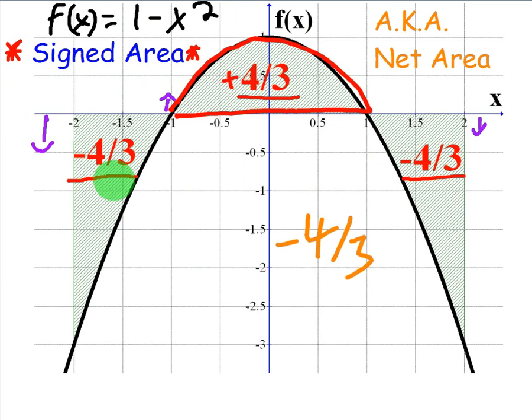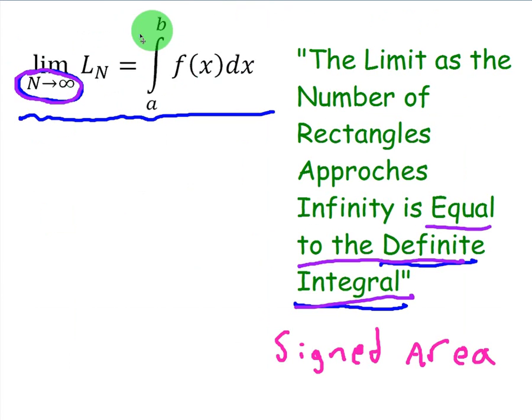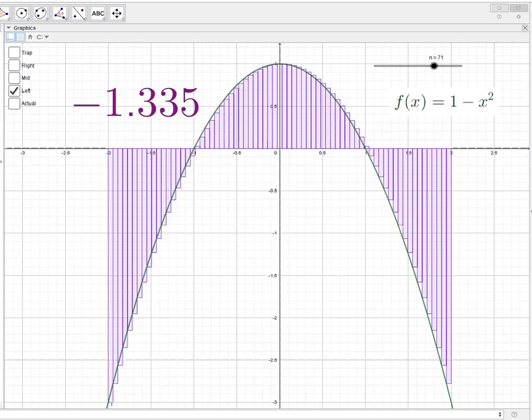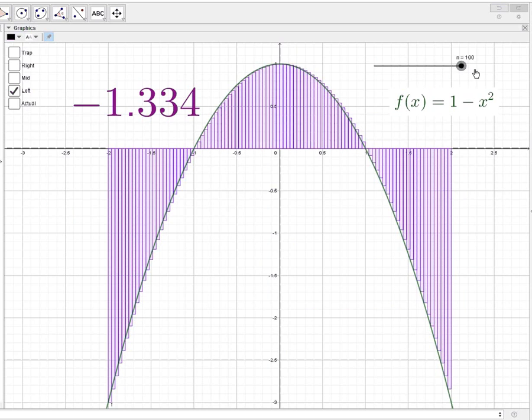And so when we write it as a limit as the number of shapes approaches infinity, that will actually give us the actual signed area. It will give us this area right here if these number of rectangles were to be infinity, because they're going to basically just become the curve as we make them infinity.